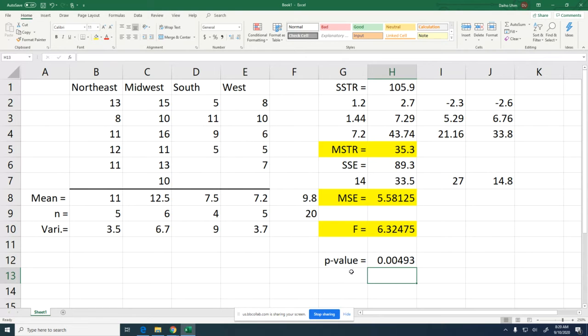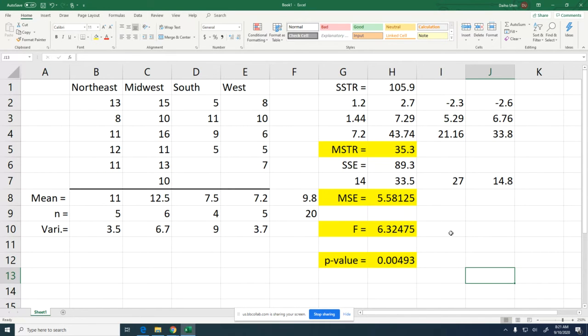It's about 0.005. It's very small. So if I suggest to you alpha 5%, absolutely 0.005 is less than alpha. What will be the decision? Reject the null hypothesis.